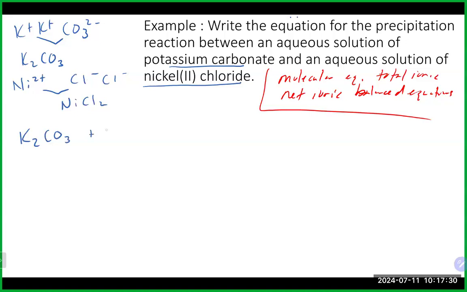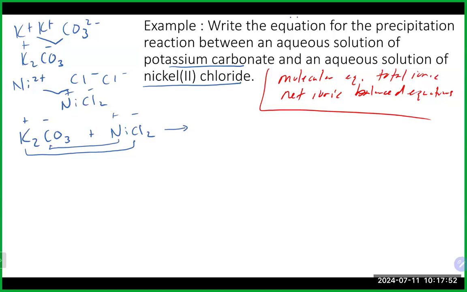K2CO3 plus NiCl2. This is also obviously two ionic compounds, which are going to switch partners. So they're going to do a double displacement reaction, once again, by switching these partners. So again, we want to put it together properly.